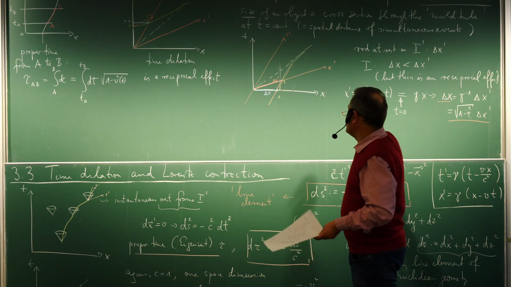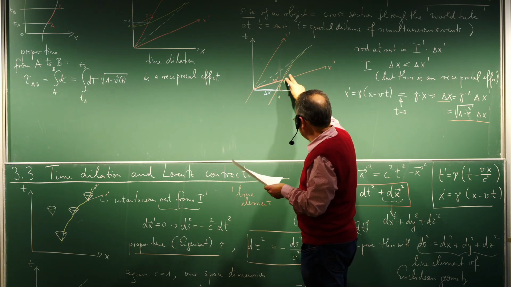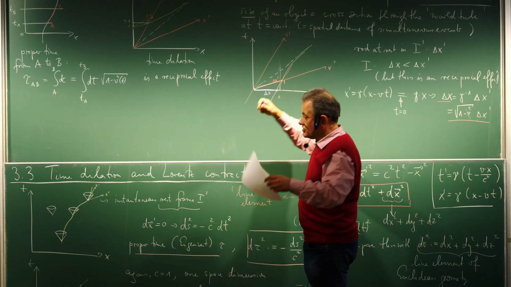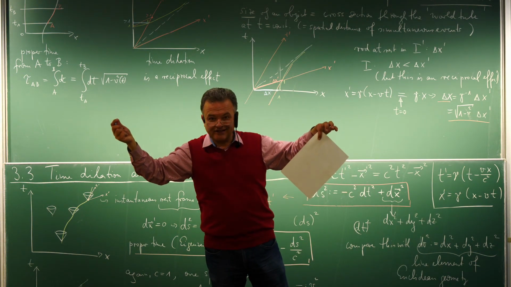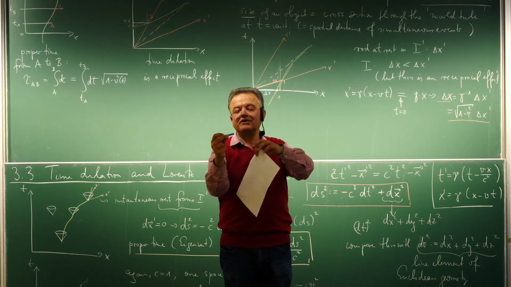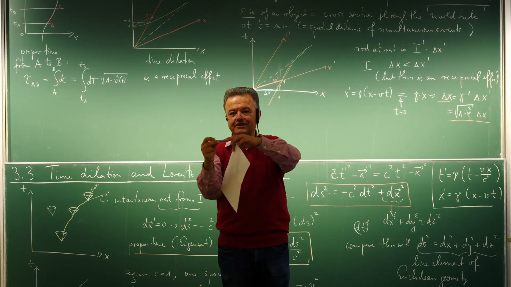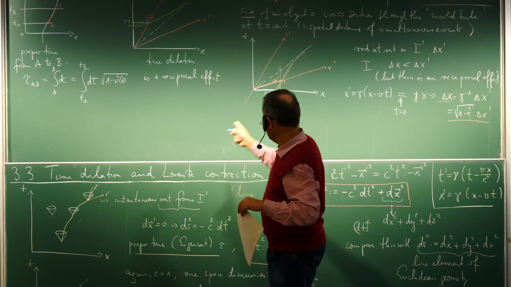You could also say that this is because from the point of view of I prime, I does not measure the two ends of the rod simultaneously. So this is as if I measure this end here and this one a bit later, and then it is of course shorter, and vice versa.